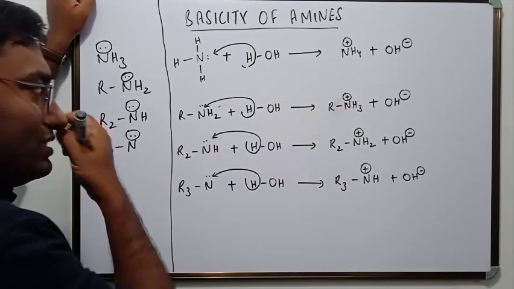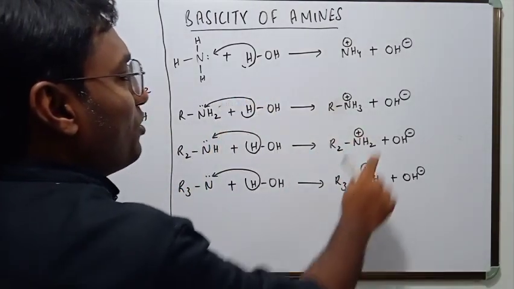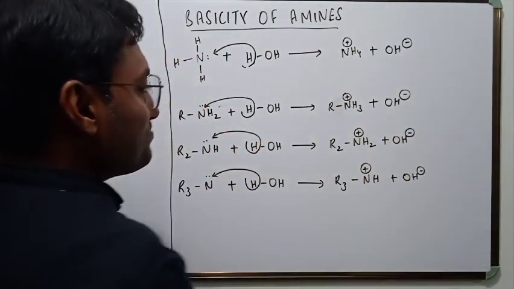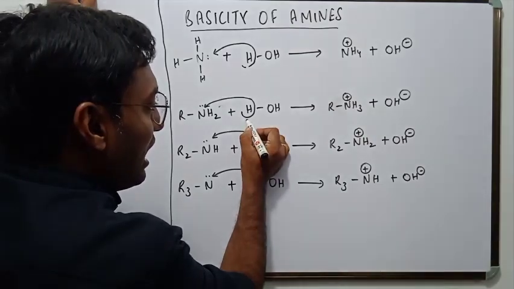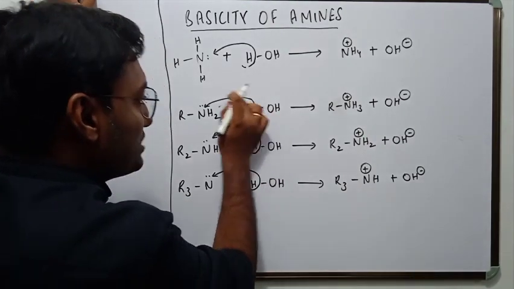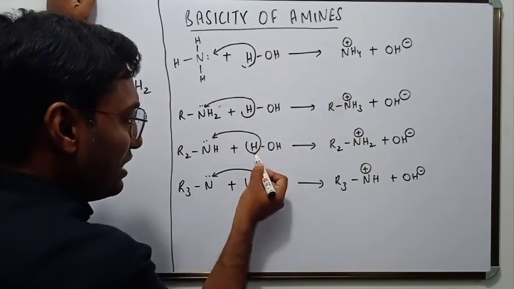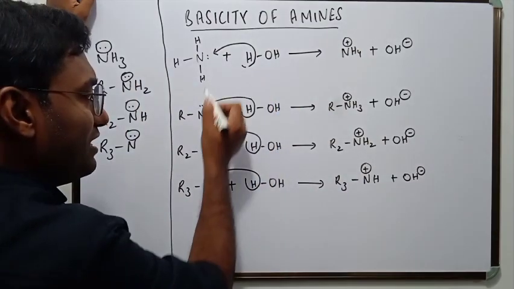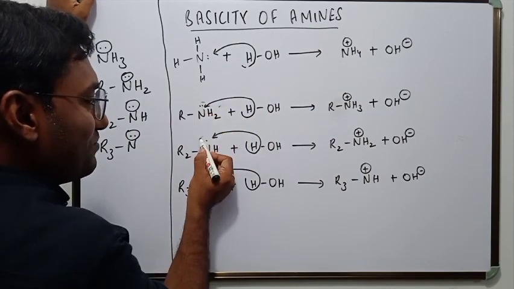The second point I want to make here: why is it acting as an Arrhenius base, or why is OH minus released? It is because a proton has been abstracted from water. Look, the proton has been abstracted from water by the lone pair of electrons on the nitrogen atom.